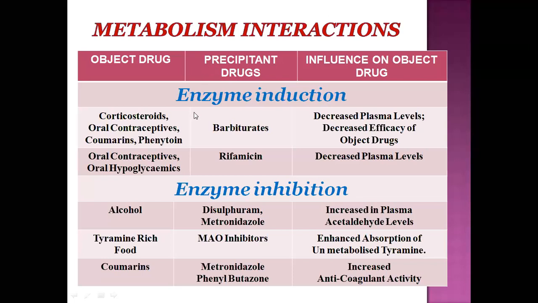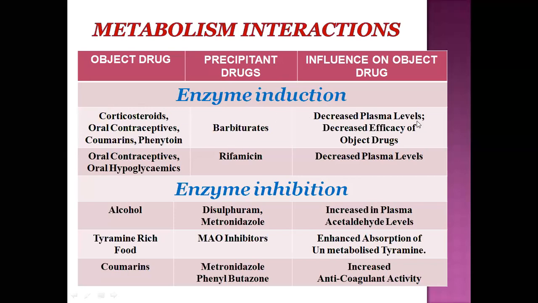In enzyme induction, the rate of metabolism of the concerned drug is increased due to the enzyme, and that reaction is called enzyme induction interaction. Some example object drugs are corticosteroids, oral contraceptives, coumarin derivatives, phenytoin. These are the object drugs when given with barbiturates.